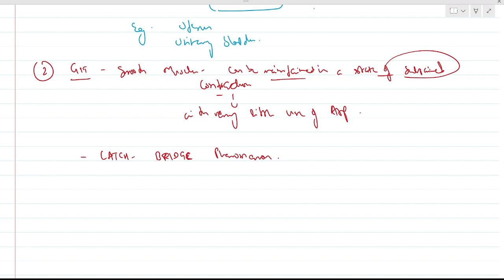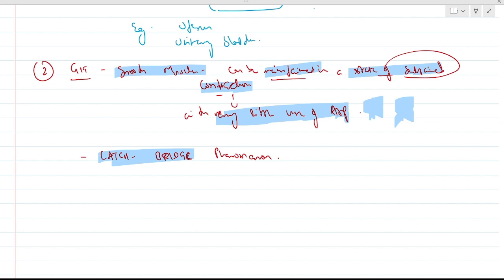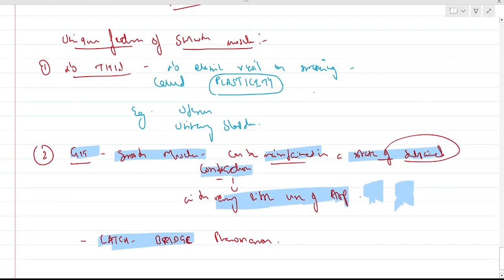So is this phenomenon here: sustained contraction maintained for a very long time with the help of very little use of ATP. Very important point here, ATP is very less used. This is called our latch bridge phenomenon, seen in smooth muscles of GIT. And the other is no titin here, so there occurs plasticity.